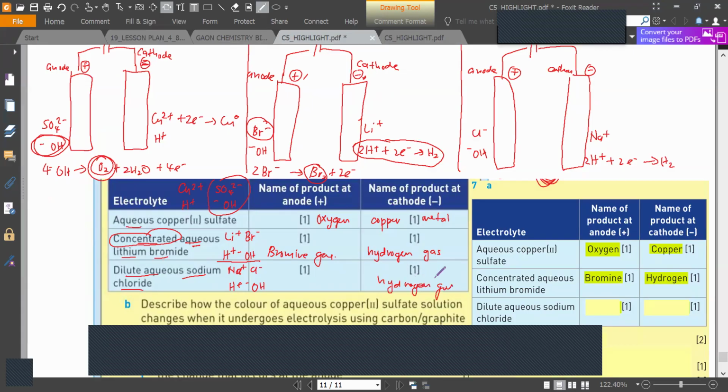On the other side, this is dilute. If concentrated, we will choose chloride. If dilute, we will choose hydroxide, because there is less chloride. So hydroxide, as usual.